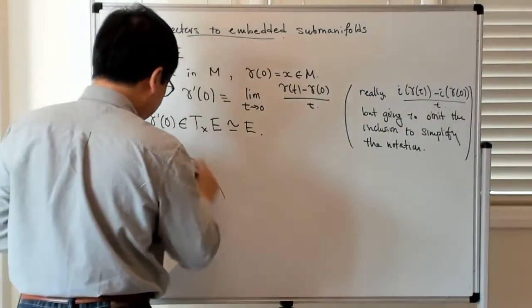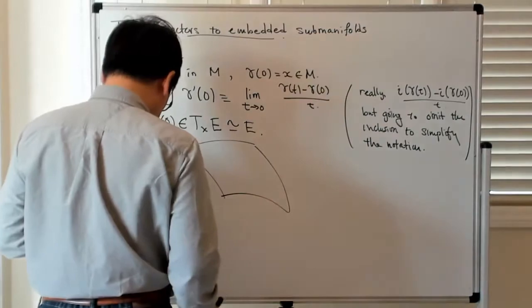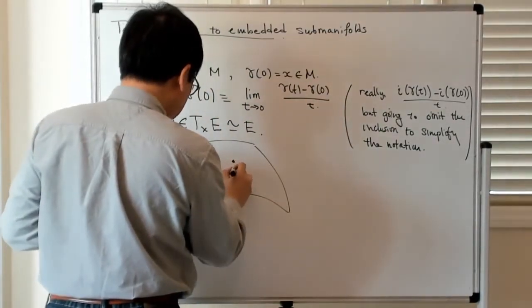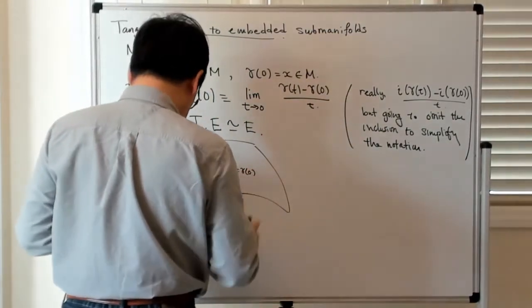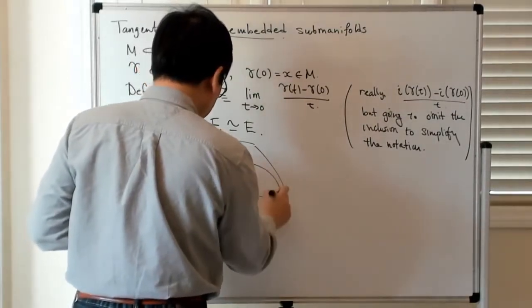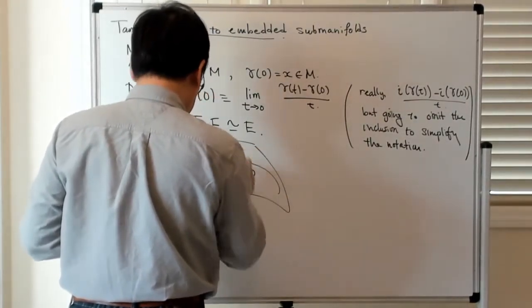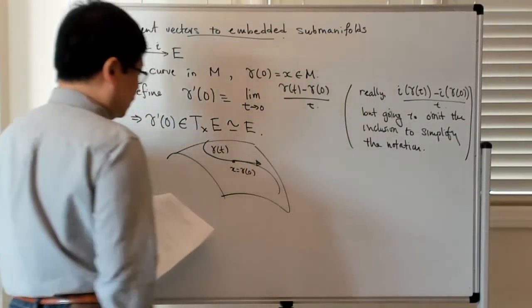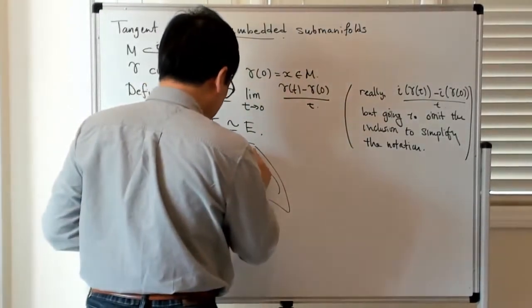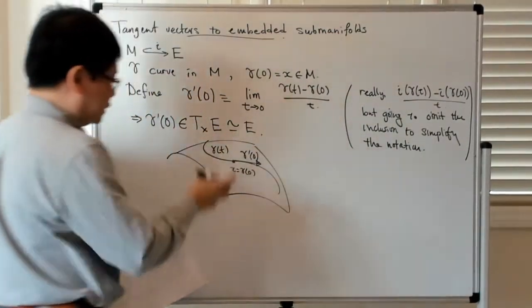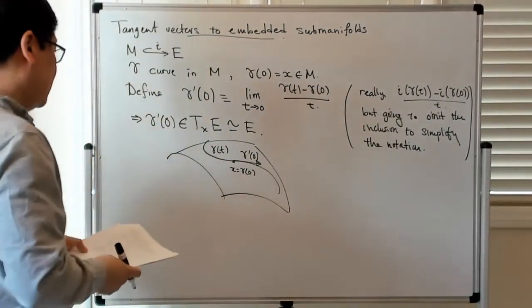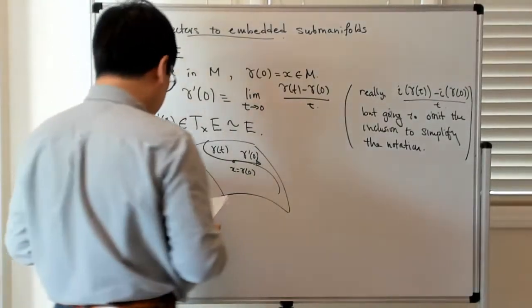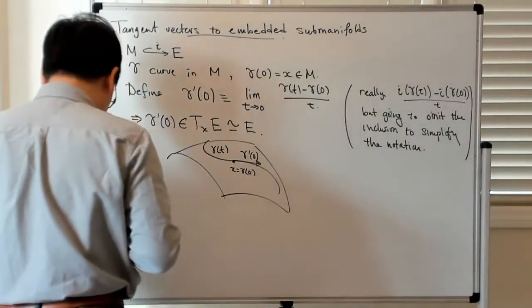So if you have some manifold, a point x which is gamma at 0, and a curve gamma of t, you think of this as the usual tangent vector to that curve, where you view that curve as being embedded in the Euclidean space. In the vector space, sorry.